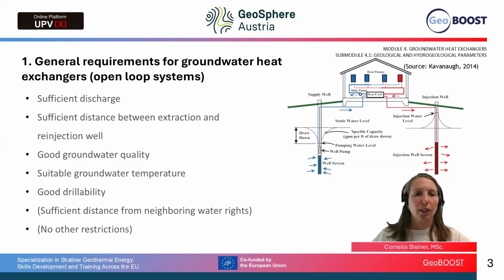You would need enough distance between the extraction and reinjection well to avoid a shortcut between those two wells. You need good groundwater quality, suitable groundwater temperature, and of course a good drillability so that you can actually build your wells. So these are all related to hydrogeological conditions, and that's what we will look into in more detail.